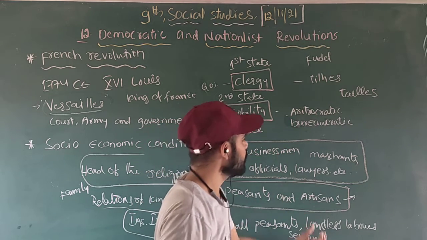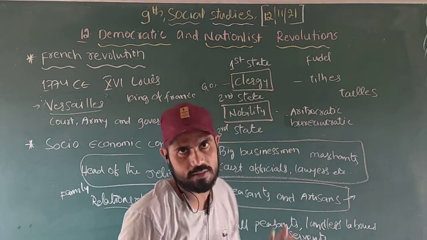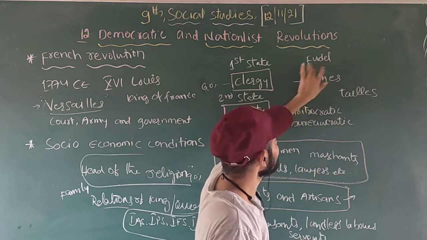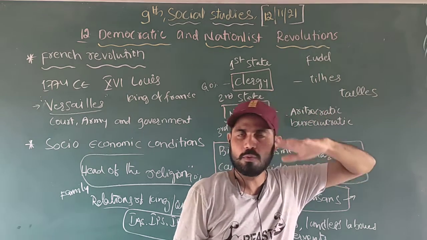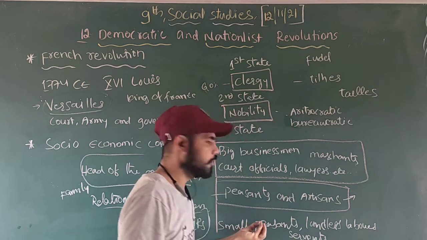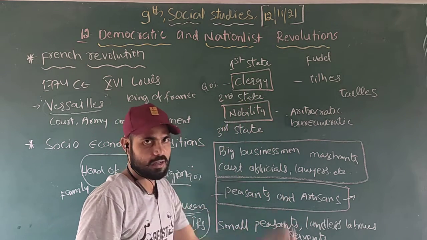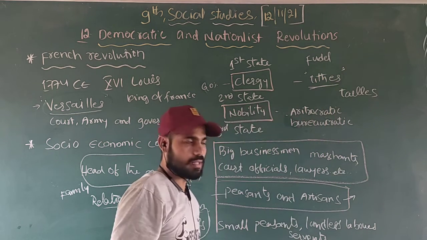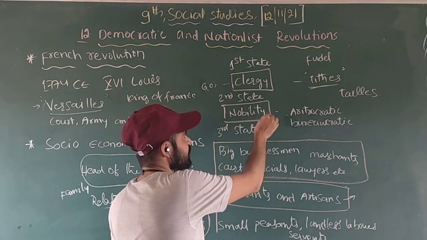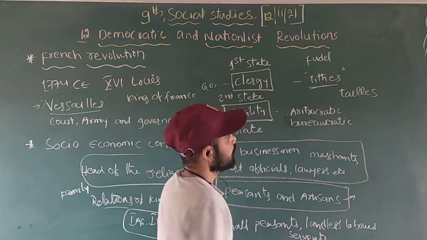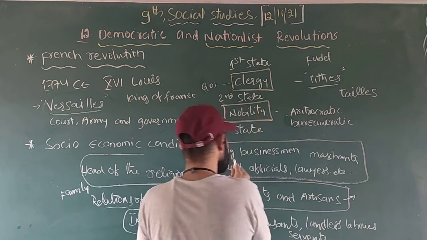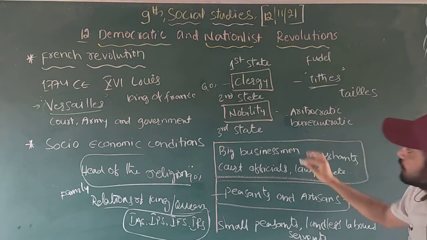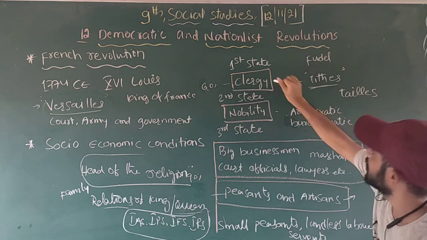See, the economic condition was this: the clergy collect taxes from the third state people. In the first state, we call the tax the tithes. And those collecting tax for the nobility, we call them the tithes. These third state people pay taxes to the nobility, and those third state people paying taxes to the clergy, we call the tax.